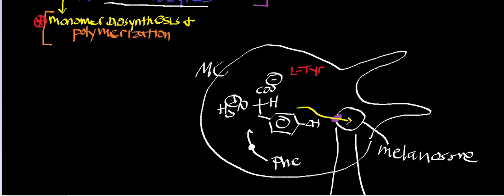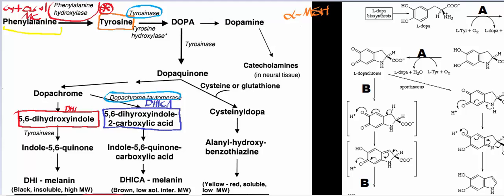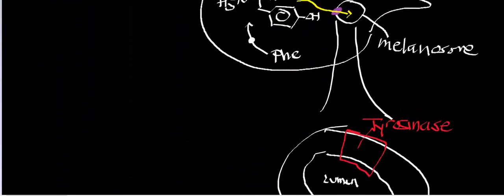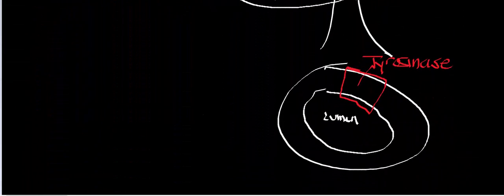Tyrosinase, that's this enzyme up here that's going to convert tyrosine into dopa and do some other reactions as well. And then the other enzyme that we're concerned with that also exists in the membrane is called dopachrome tautomerase, which I'll abbreviate as DT. And in fact, all these reactions that we're going to see in melanin monomer synthesis are occurring inside the lumen.